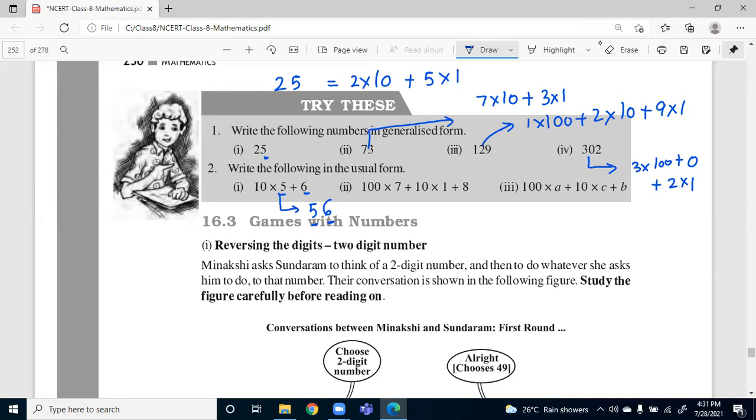So without multiplying, I can write it by seeing this. How? I will see their places. Like 8 is at 1's place, 1 is at 10's place, and 7 is at 100's place, like this. So this is called usual form.